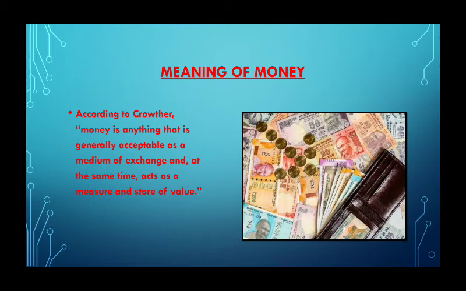Money possesses general purchasing power, the power to buy goods directly in the market. People accept it because they believe that it will be accepted by others as well in the form of payment. So money is accepted because it is accepted by others. This general acceptability is the most important characteristic of money.